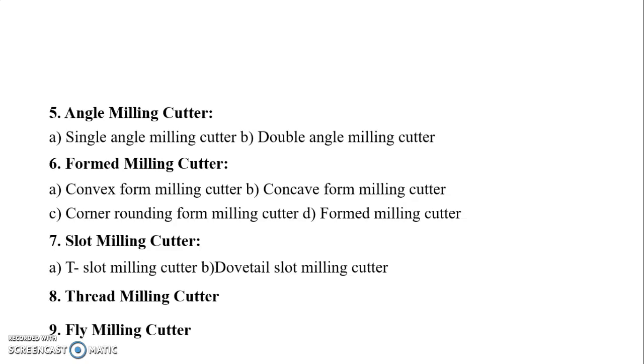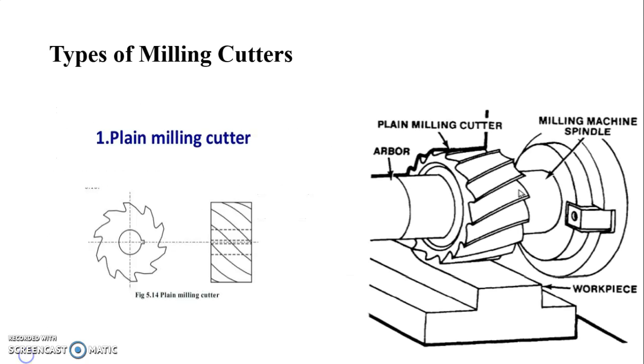Then the form milling cutter: convex form, concave form, corner rounding form, and form milling cutter. The next is the slot milling cutter, which has two types, T slot milling cutter and dowel slot milling cutter. Next is the thread milling cutter, and last is the fly milling cutter.